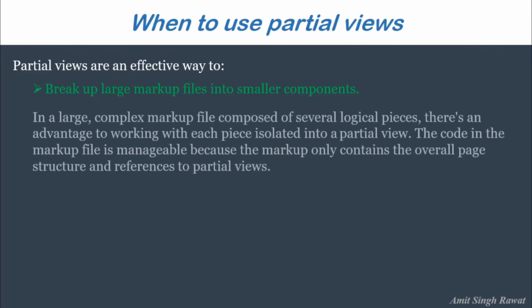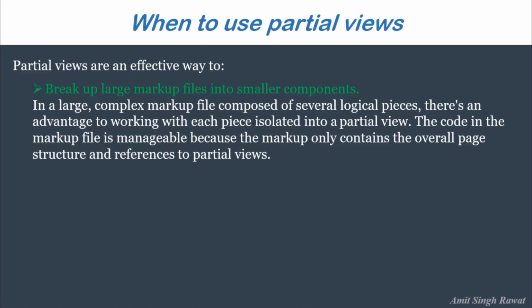In a large complex markup file composed of several logical pieces, there is an advantage to working with each piece isolated into a partial view. The code in the markup file is manageable because the markup only contains the overall page structure and references to partial view.